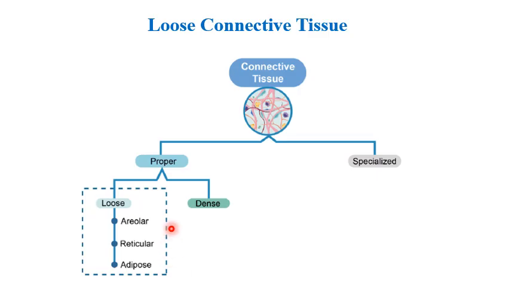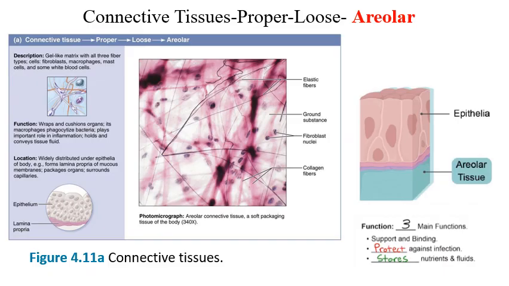All right, so again, looking here at your loose connective tissue, you have three subcategories. You have your areolar, your reticular, and your adipose. So here is straight from the book showing you the different types and where you're going to find them, right? So here's what I was talking about, the epithelial tissue, right?